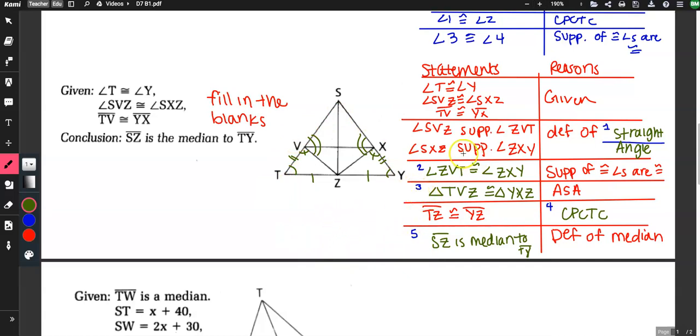We had to use what we know about supplements and straight angles so that we could say that these two angles, these little guys, are congruent. Because I'm trying to show that these triangles are congruent here and here. Once I said those triangles are congruent by angle side angle, then I can say the base segments are congruent, making SZ the median.